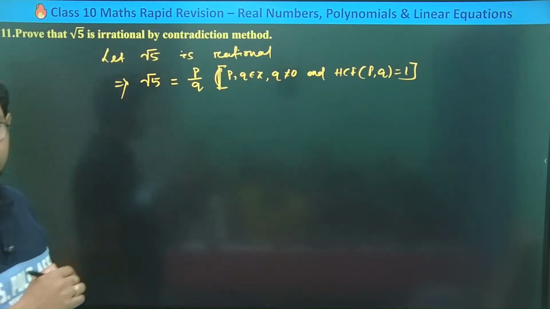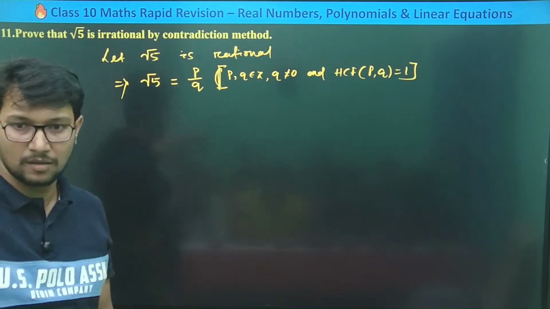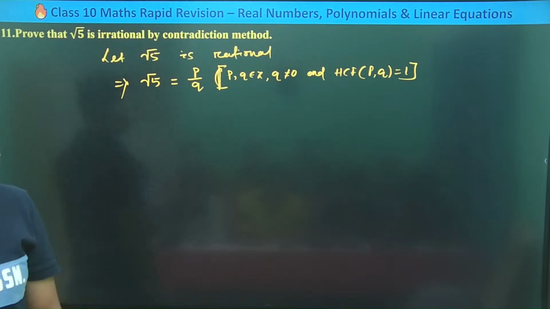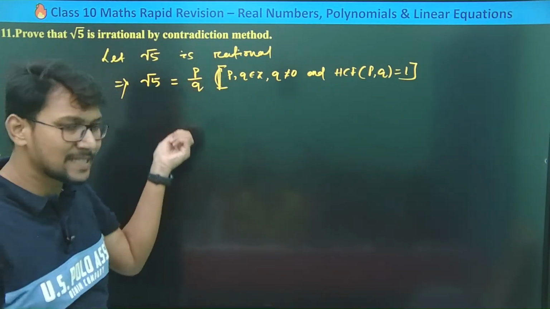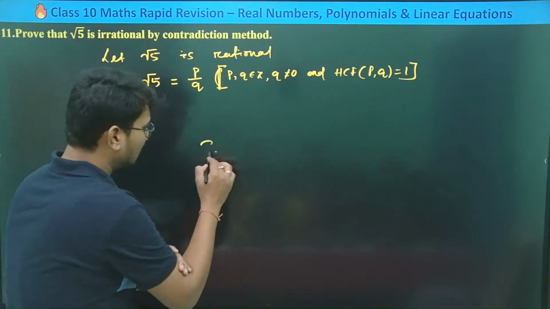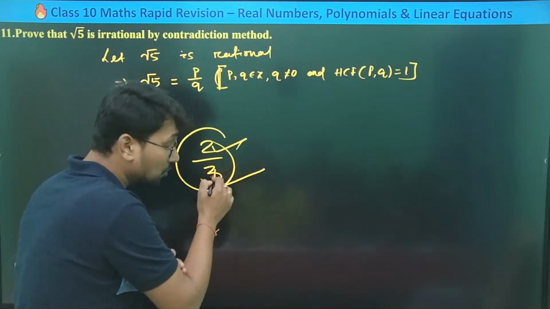This much you have to write in square bracket. Understood, children? Did you understand, everyone? Which one have you not understood? Arey baba, p q, it is rational, means p and q must be integers, right? If I am telling you 2 by 3, so what is 2? Integer. What is 3? Integer. And q should not be 0.